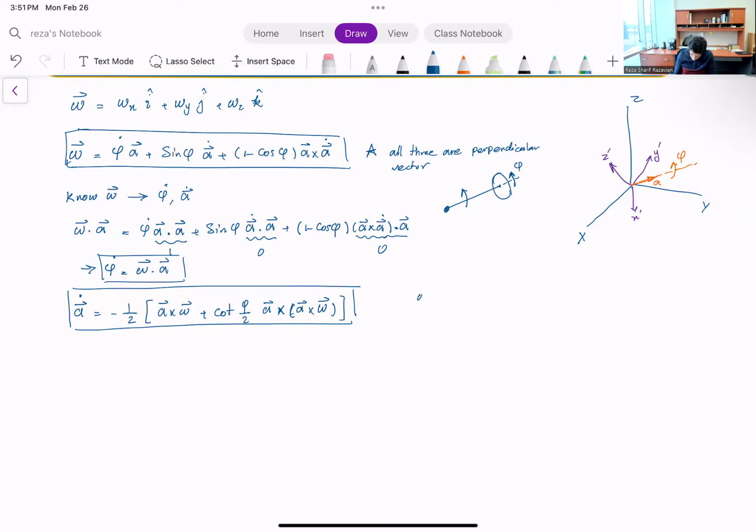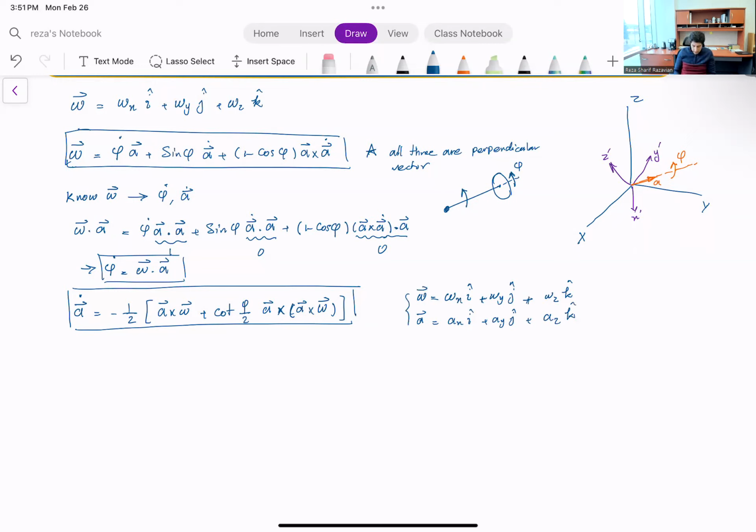So I can have omega equals omega x i plus omega y j plus omega z k. I can also write A as A x i plus A y j plus A z k.